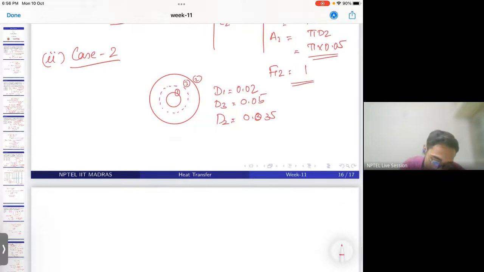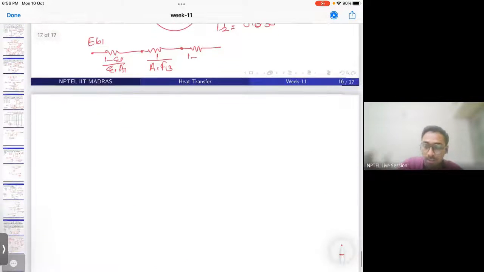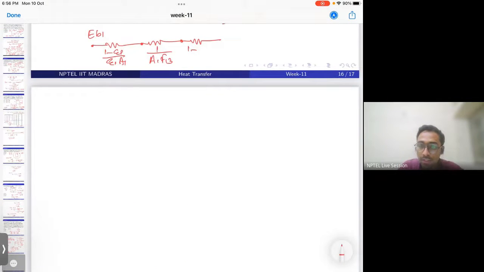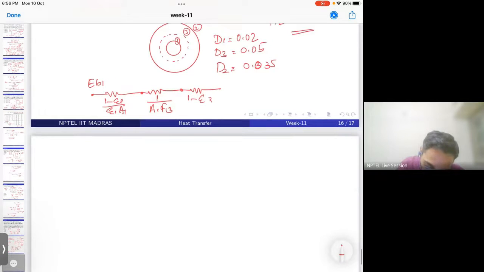If I write the radiation network: EB1, (1 minus epsilon 1) by epsilon 1 A1, then we have the view factor resistance 1 by A1 F13. It is active on both sides, that is, both surfaces of the radiation shield are gray and diffuse, so you should consider both surfaces. (1 minus epsilon 3) divided by epsilon 3 A3, then EB3.